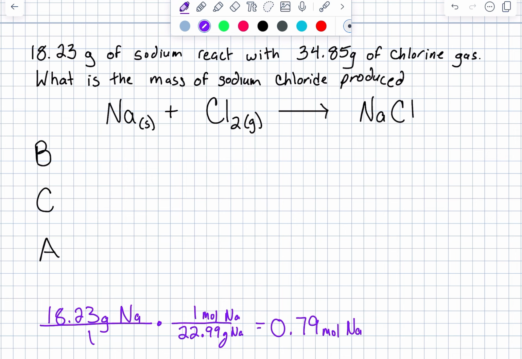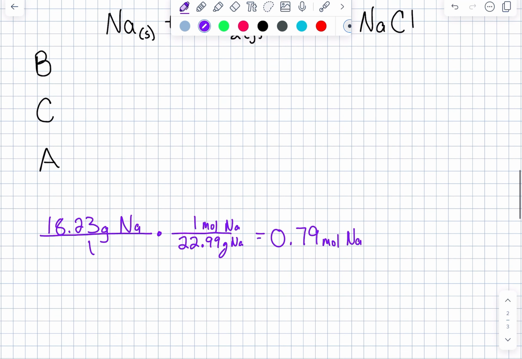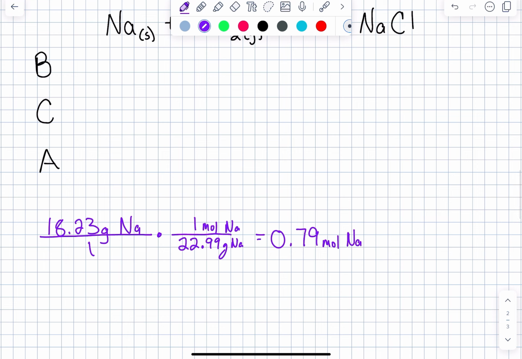Now, just as a quick reminder, because sometimes we will have very small numbers, less than 1, we will round to 2 digits, but they have to be 2 non-zero digits. And so what do I mean by that? Well, if my answer had been 0.0013, I'm not going to round it to 2 digits because that would be 0, and that doesn't make sense.